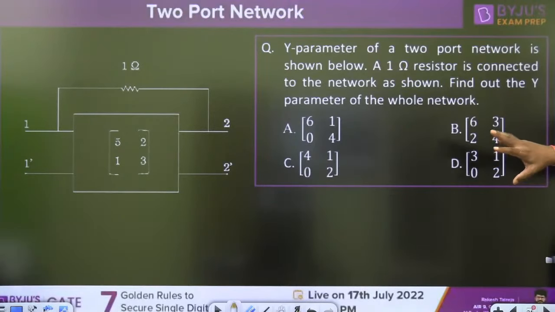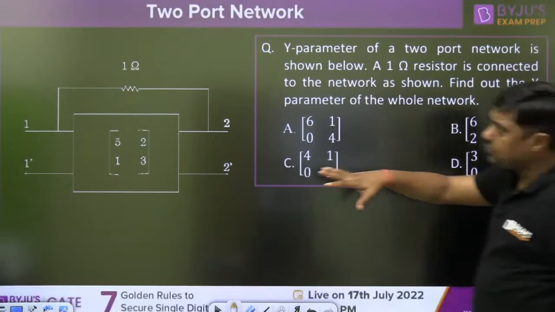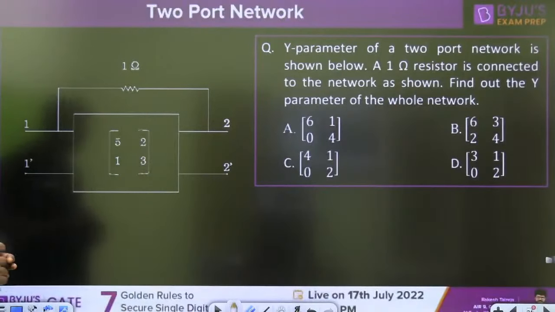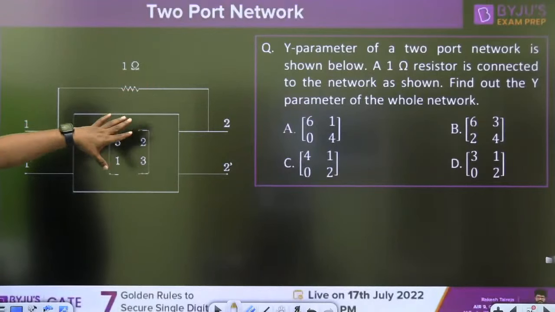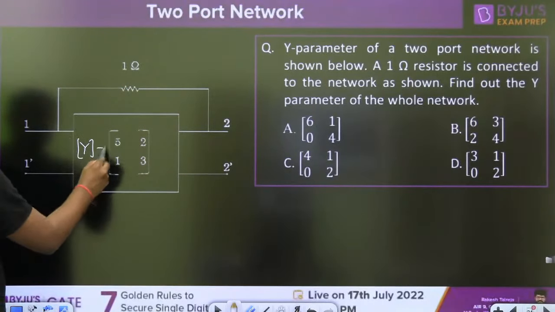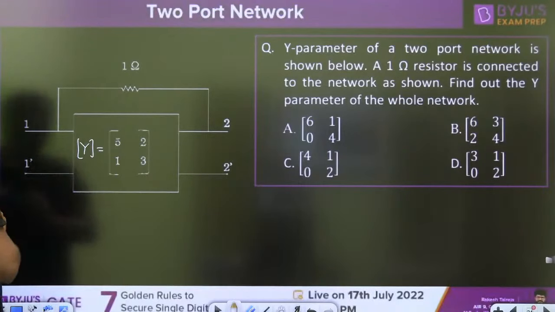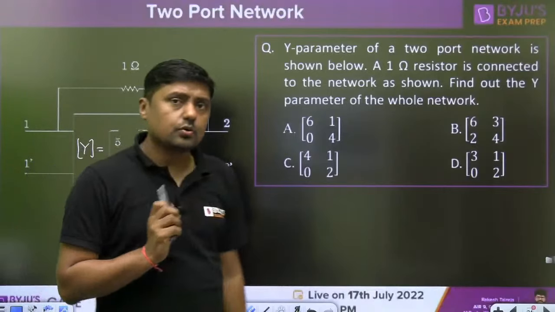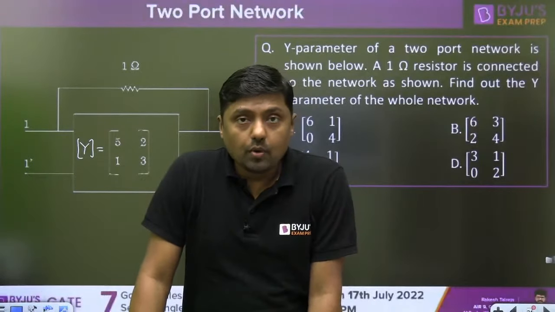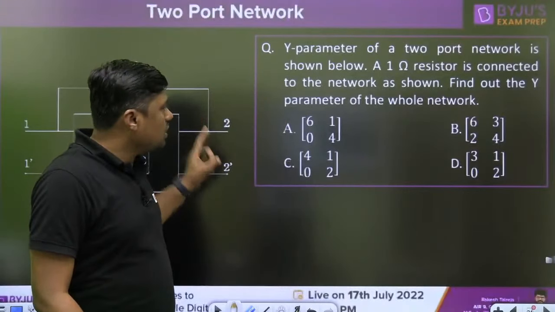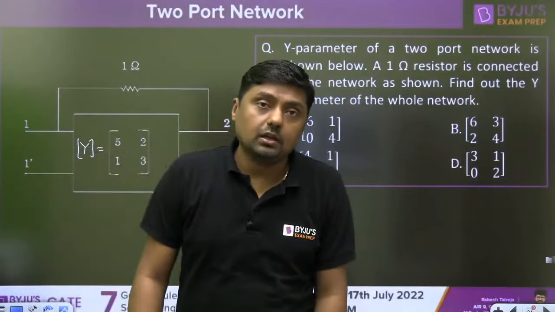Now when this type of network is given, that is 5213, and the Y parameter of the two-port network is shown below. This is the Y parameter, and this 1 ohm is given here. Then what is the overall Y parameter? That is the question, okay? Now remember that in this diagram, two networks are connected in parallel.